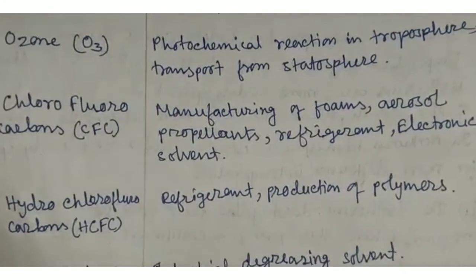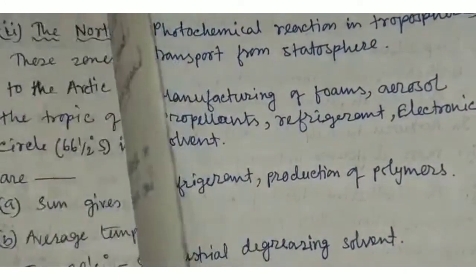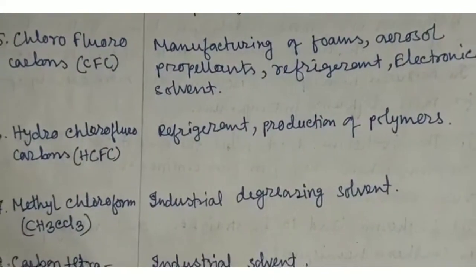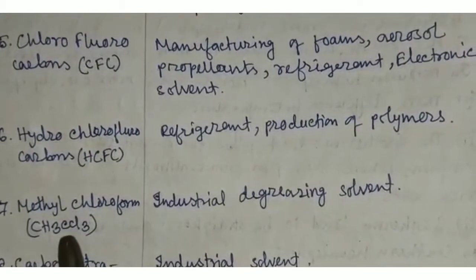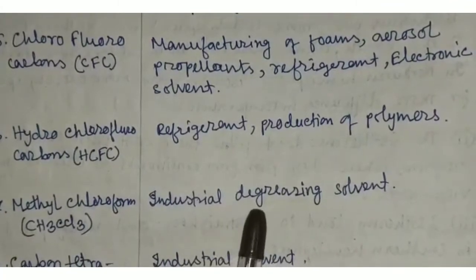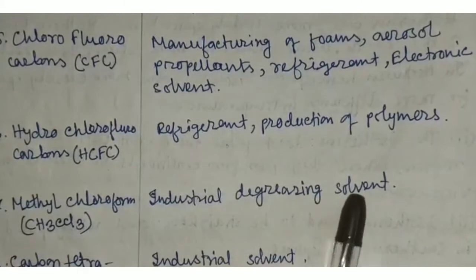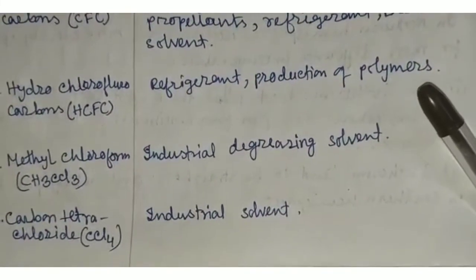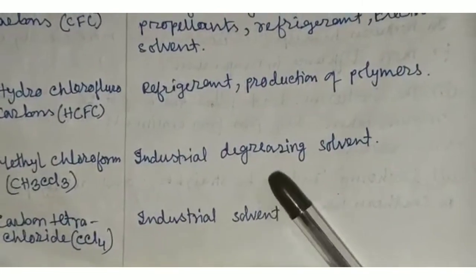Number 7, methyl chloroform, CH3CCl3: industrial degreasing solvent. Carbon tetrachloride, CCl4: industrial solvent.